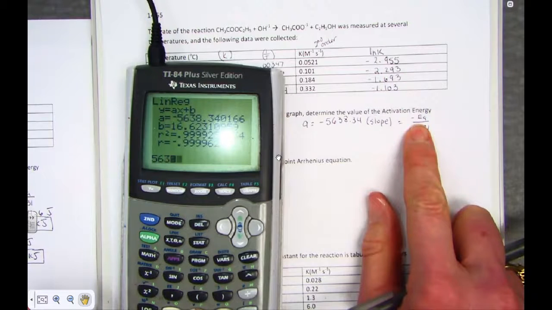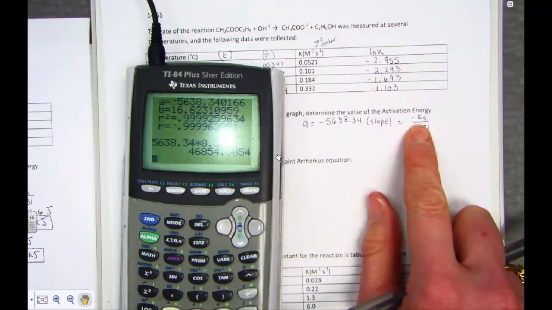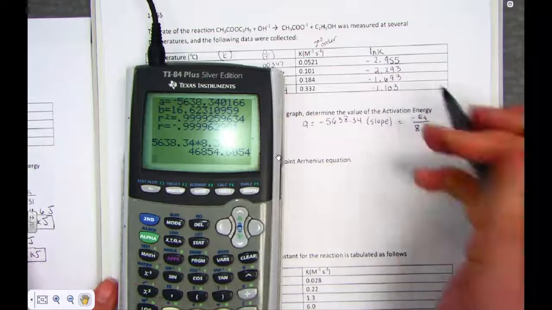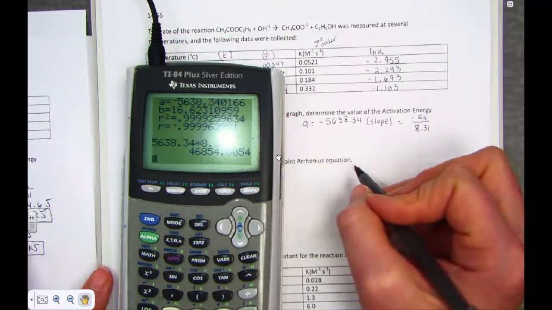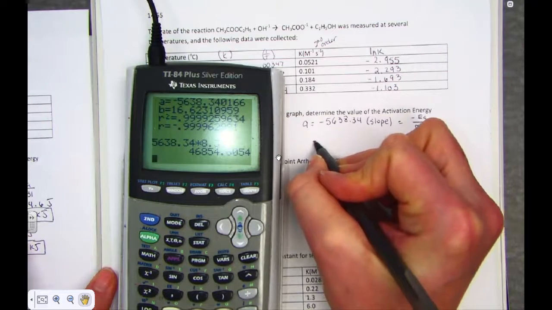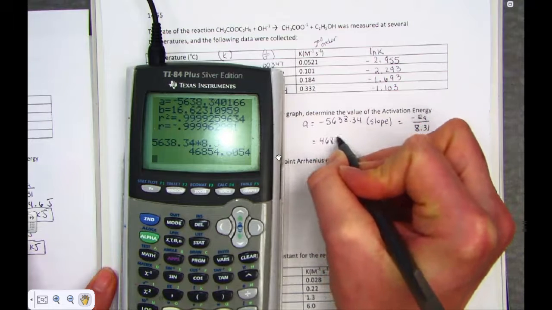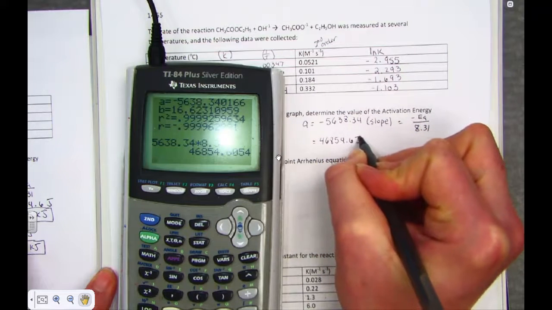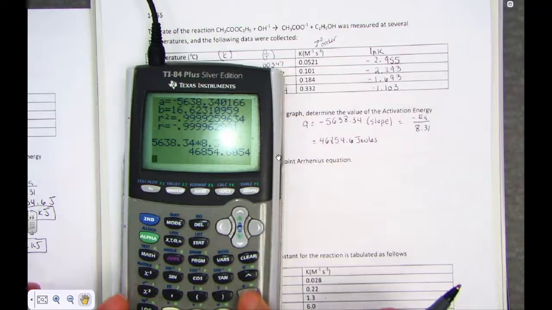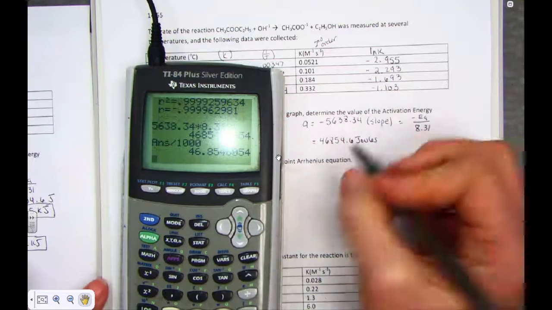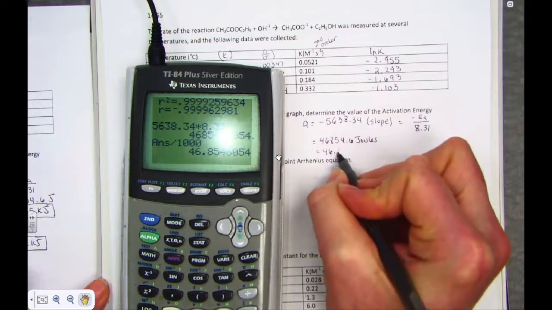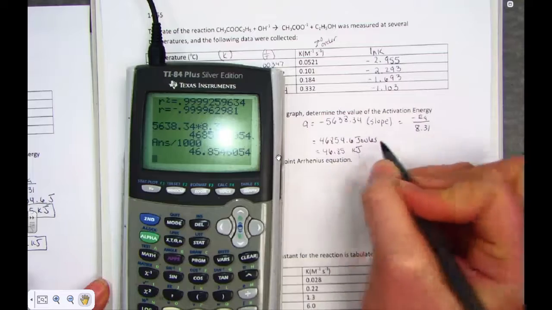So 5638.34 times 8.31, and I get my value for activation energy. It's a large number because it's joules. So it comes out to be 46854.6 joules, or if you prefer, 46.85 kJ.